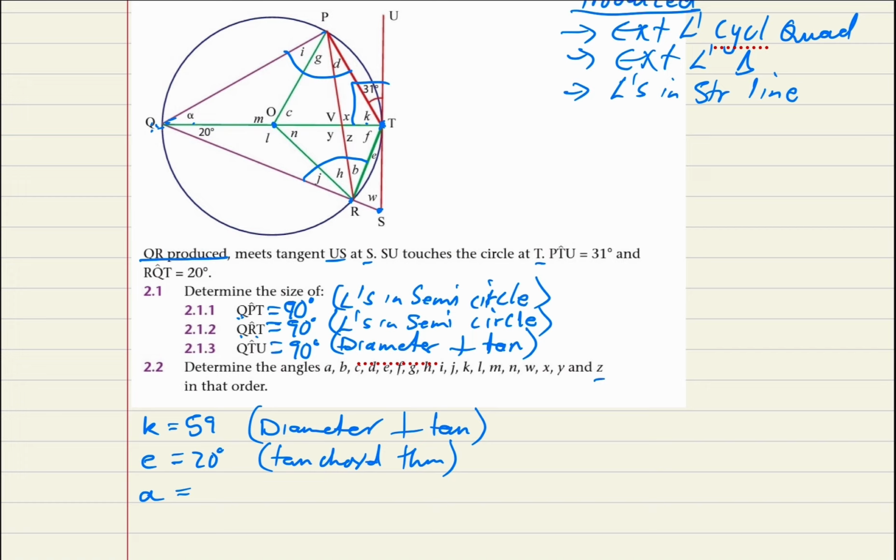So A is 31 degrees. Why is it so? It's because of the sum of angles in a triangle. Okay, I'm trying to digest them one by one so that we are able to see them, guys.